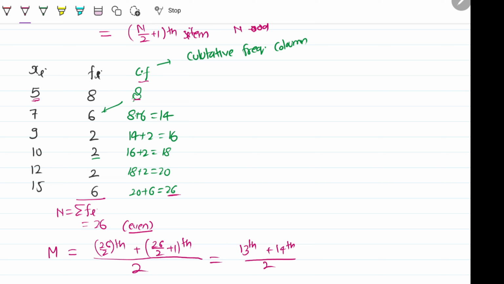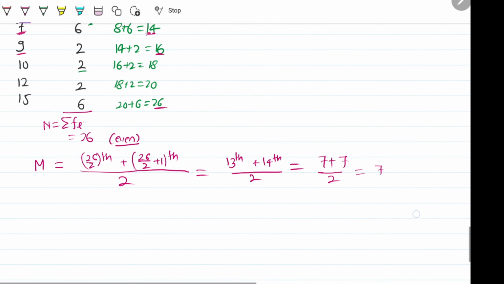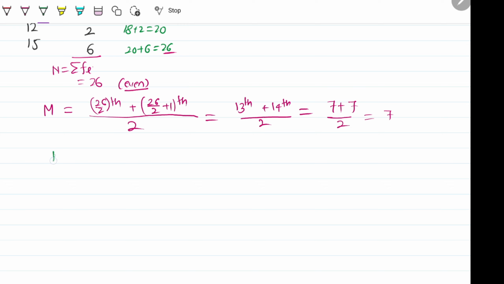The ninth item is 7, and so are the 10th, 11th, 12th, 13th, and even the 14th item is 7. The 15th item would be 9. We need only the 13th and 14th: 7 plus 7 by 2, so 7. We got the median value as 7.